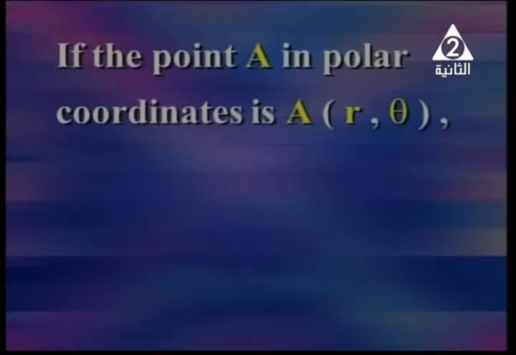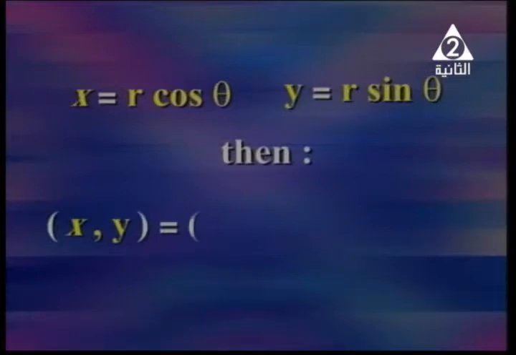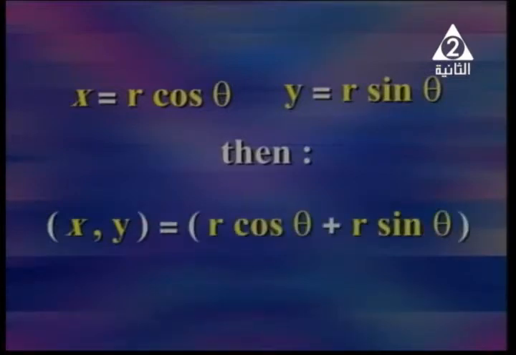If point A in polar coordinates is (r, theta), then x equals r cosine theta and y equals r sine theta. Then (r cosine theta, r sine theta) is the point (x, y).